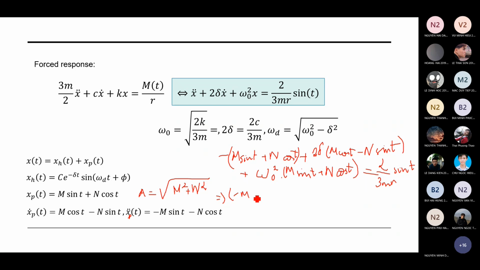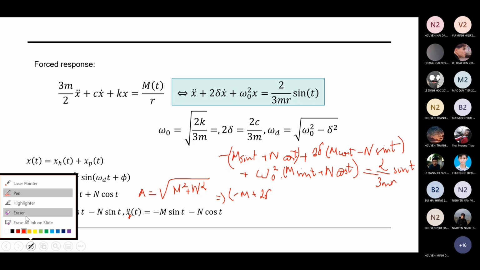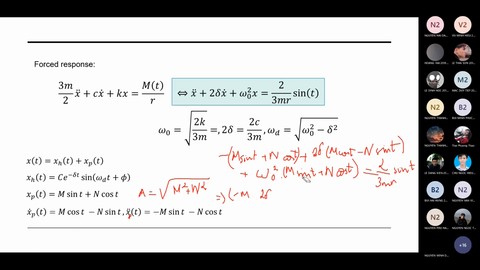The parameters for sine t are minus M plus 2 delta... sorry, it should be minus, yes, and plus omega 0 squared M. This is for the sine t, and for the cosine, it is N plus 2 delta M plus N. This is for the cosine, and it is equal to the right side.